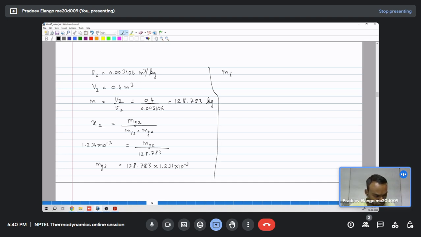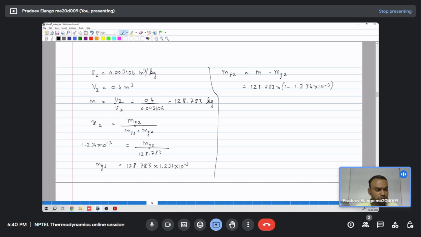Now mf is m total minus mg, so that will be 128.783 into 1 minus 1.234 into 10 power minus 3.